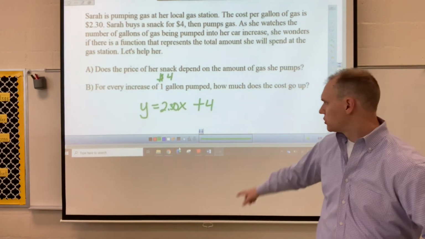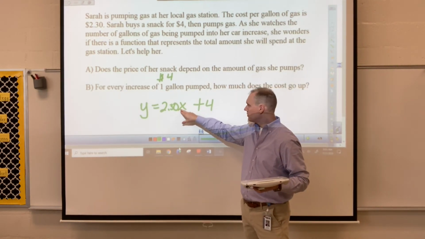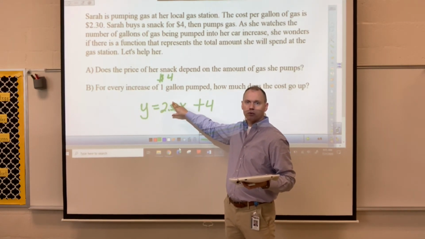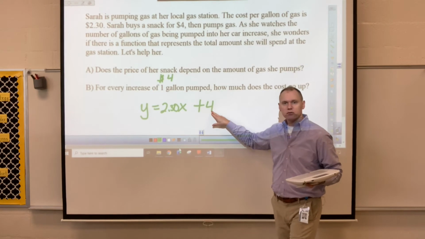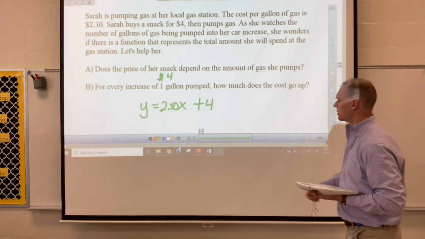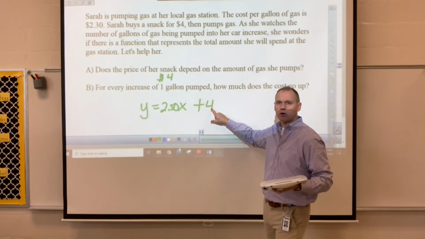But again, the total cost only changes based on the number of gallons we input. This $4 is constant no matter what. So this is our initial value, starting value, our constant, whatever you want to call it.